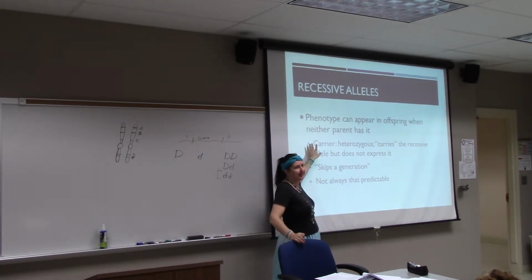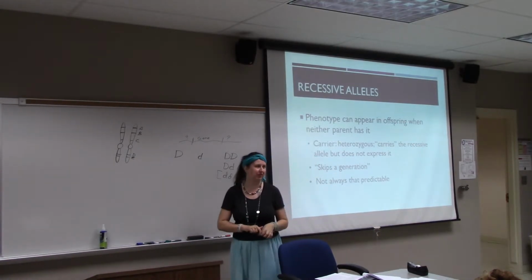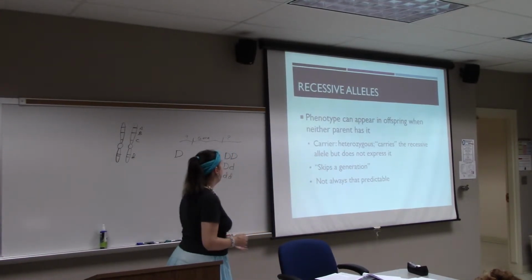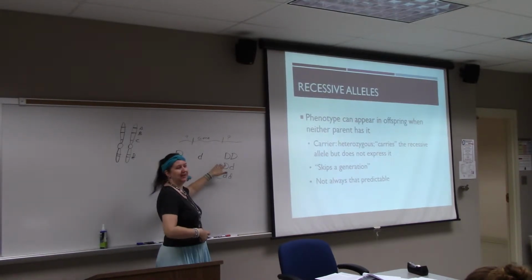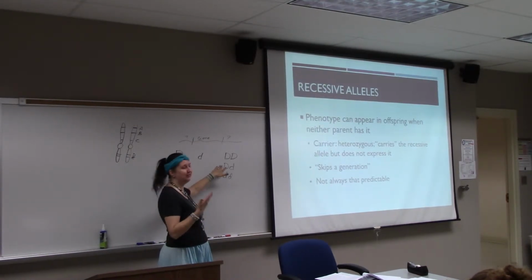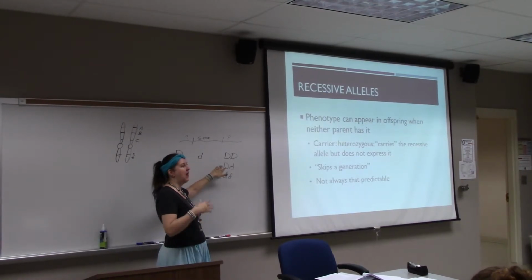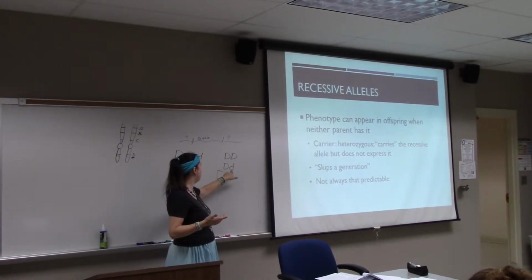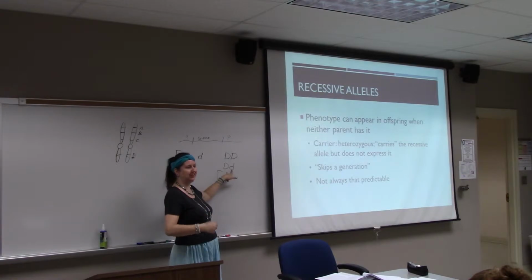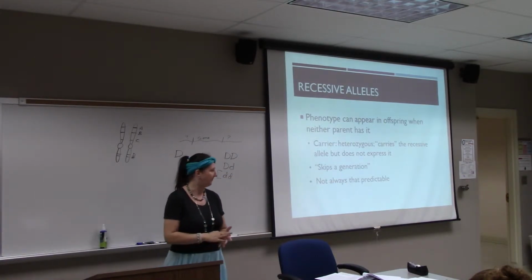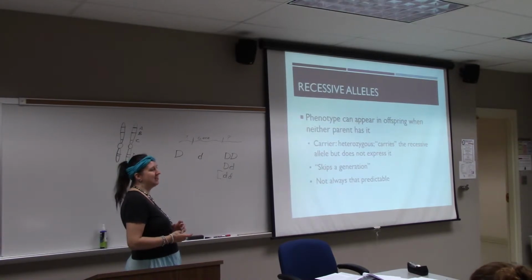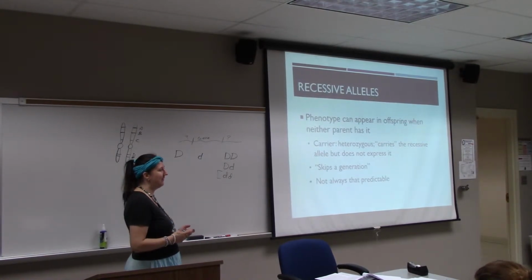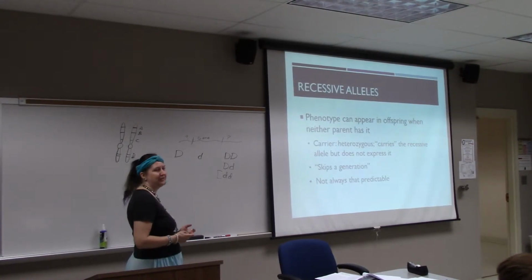Heterozygous is sometimes called a carrier. This is especially for diseases where you're not sick because you have the functional protein in the form of the dominant allele, but you could pass the non-functional one on to your children. So, when we talk about something skipping a generation, it's usually something that's recessive, but it's not always that predictable.